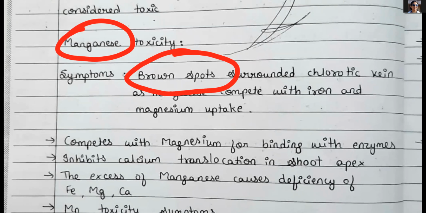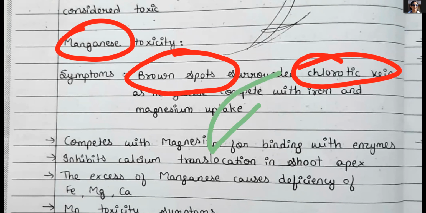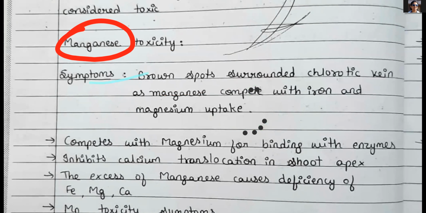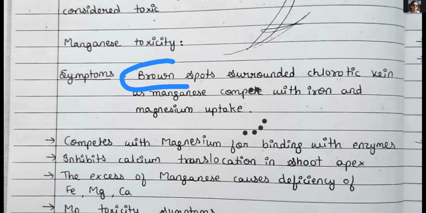Manganese toxicity is the appearance of brown spots surrounded by chlorotic veins. This is the leaf, here the veins are there, and surrounding the veins, brown spots develop. That indicates the plant is suffering from manganese toxicity. So brown spots surrounded by chlorotic veins is the symptom.